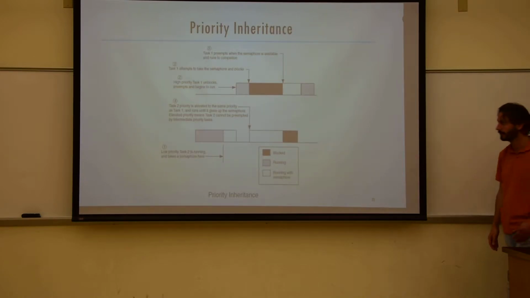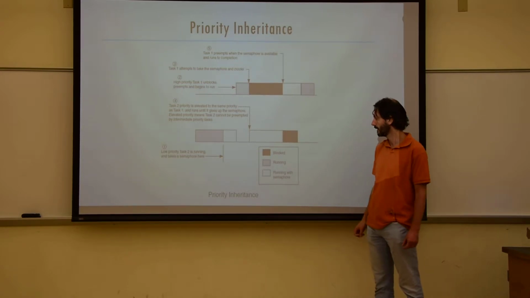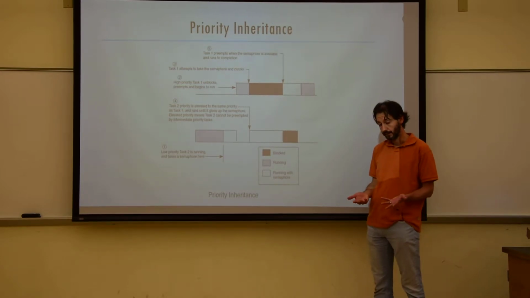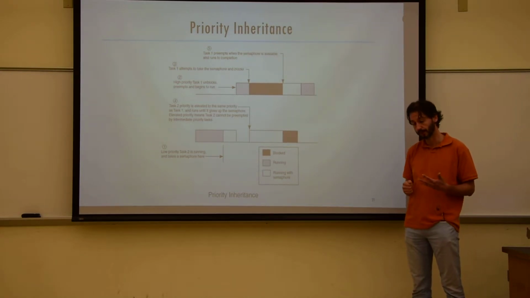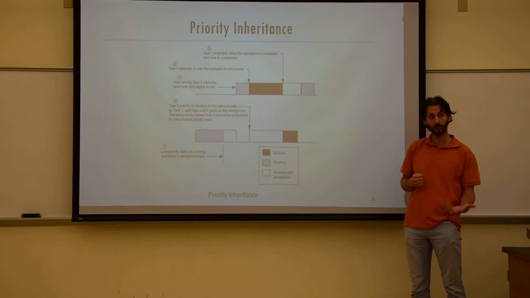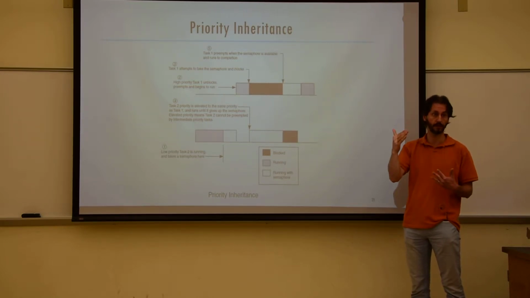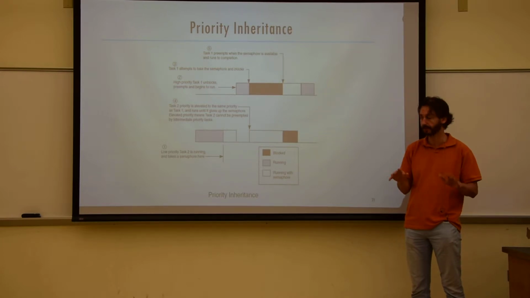So priority inheritance, right, we talked about that, is where the operating system starts to change the priority level of the low priority task to the higher priority in order to eliminate unbounded priority inversion.